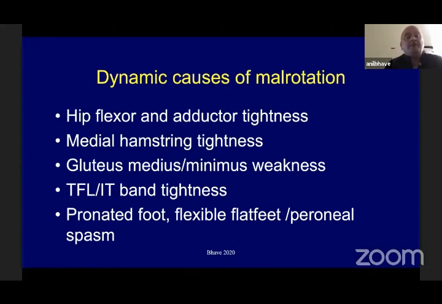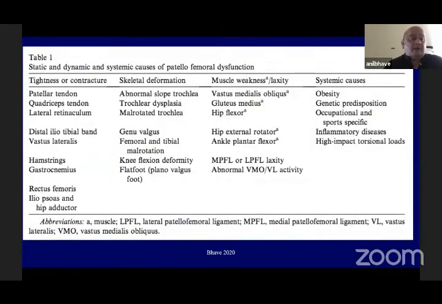All of these dynamic factors have to be considered before one treats a patient with knee pain, especially patellofemoral pain, especially a younger patient complaining of knee pain. We have to rule these out. So a comprehensive biomechanical evaluation is needed for measuring these and addressing this in the long run, in my opinion.